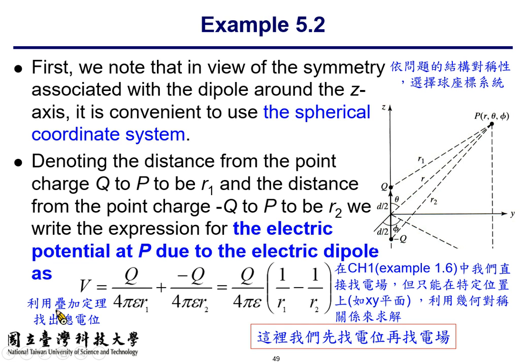How about the difference between R1 and R2? Well, they should be of similar values, in particular when your observation point is placed away from the origin. If P is very close to the dipole, then R1 and R2 are of different value and different directions.